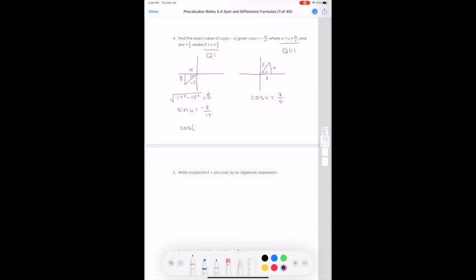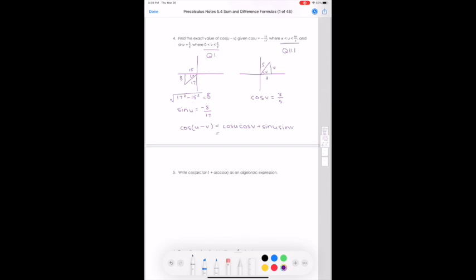Alright, filling in this time for cosine of u minus v, so I'm using that difference formula up at the top or in the front of your notes in the box. And that is cosine u cosine v plus sine u sine v. And now I just fill in what I know.